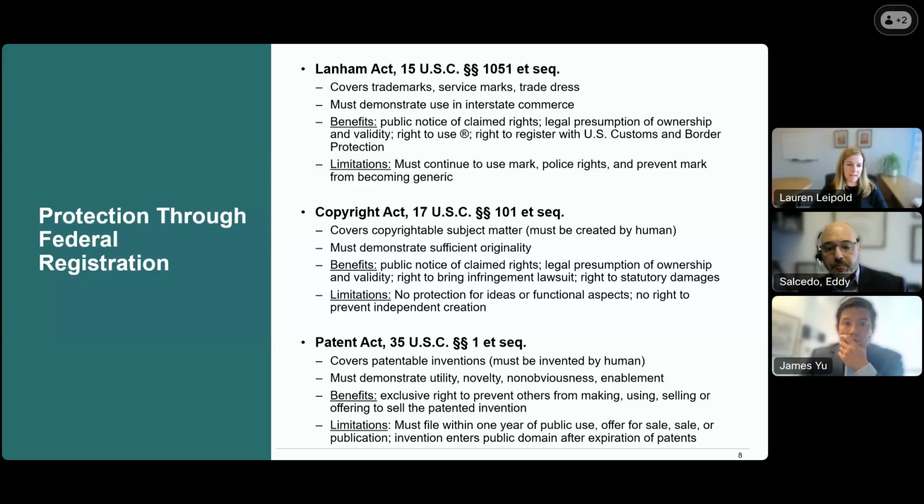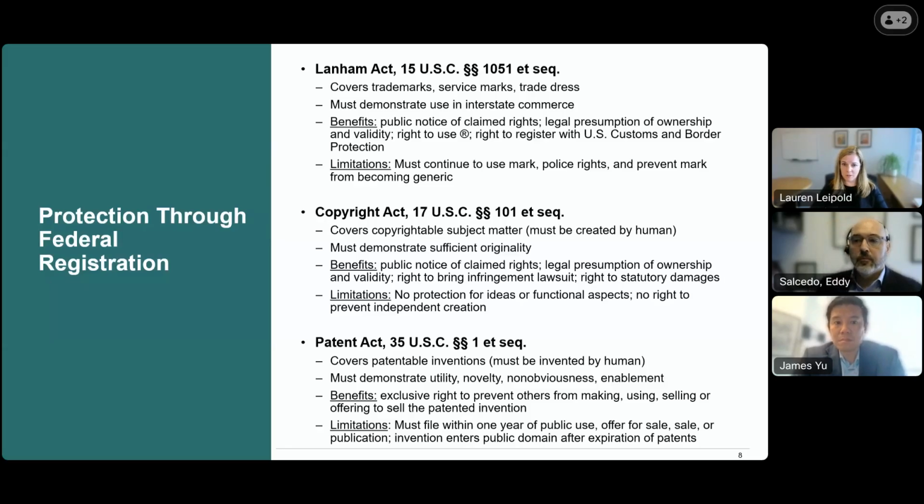And finally, the Patent Act, as I mentioned, covers those inventions that meet certain statutory criteria. You have to demonstrate utility, novelty, non-obviousness, and enablement. Just like for copyright, these materials have to be invented by a human. There is a degree of machine involvement that is permissible, but the line is very fuzzy right now, and again, being litigated in courts as we speak.